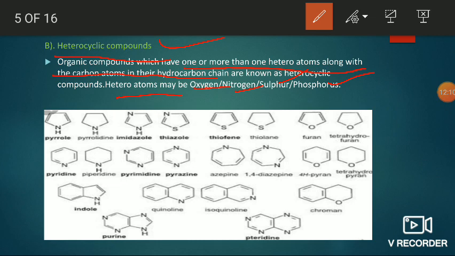Okay, if you observe the examples for heterocyclic compounds, all these are examples for heterocyclic compounds.